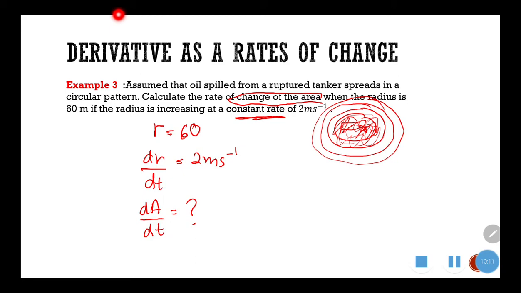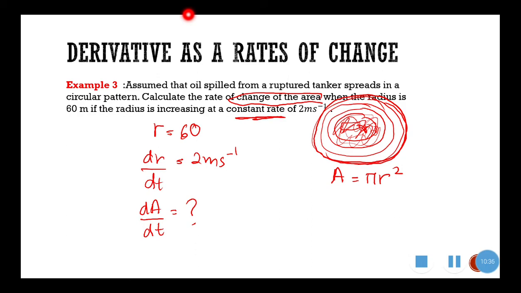We have dr/dt. Here, can you all relate A with r, the area of a circle? What is the formula? Area A is equal to pi r squared, right? Area is equal to pi r squared.